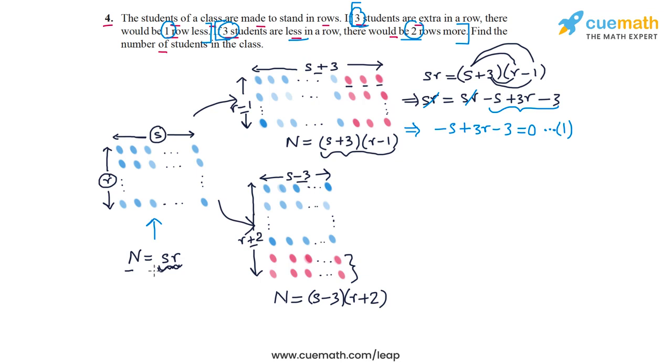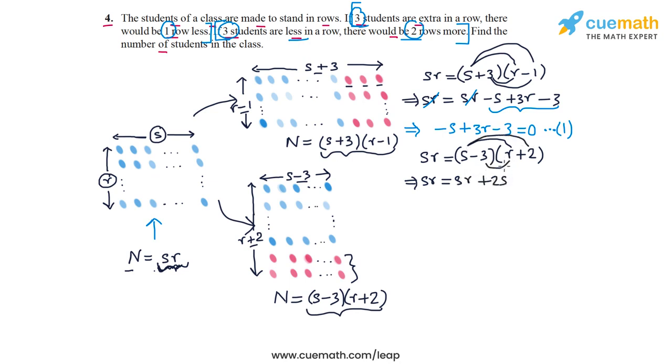Now if I equate this original expression for N with this expression for N, I will get another equation in S and R. So SR should be equal to S minus 3 times R plus 2. Let's expand the RHS. We get SR, and then S times 2, so that's 2S.